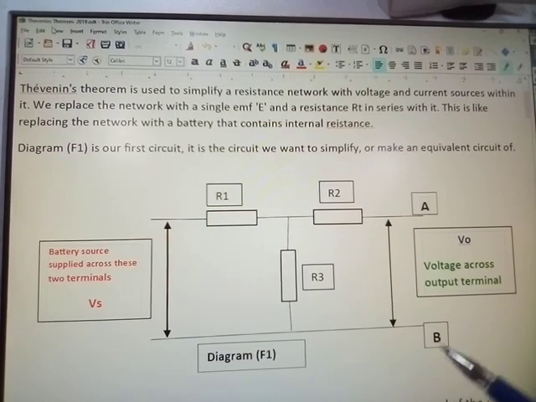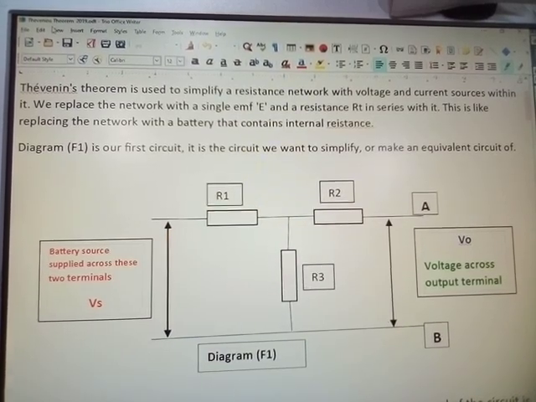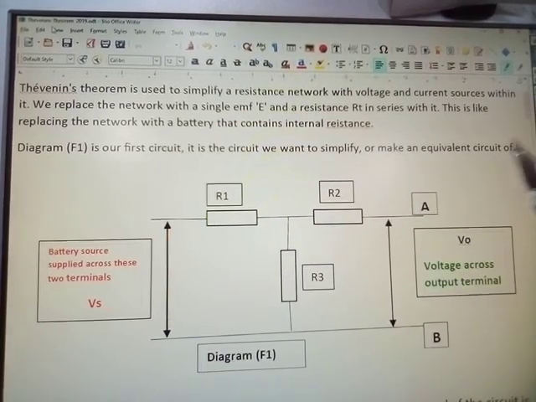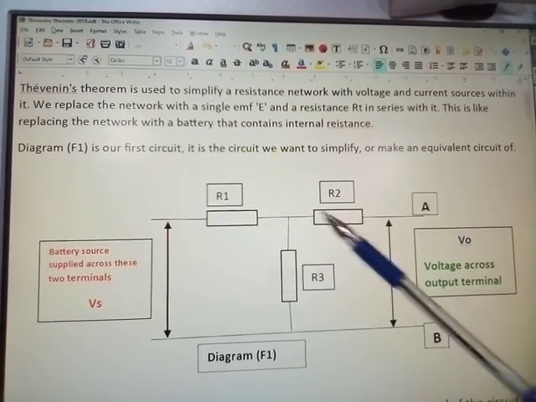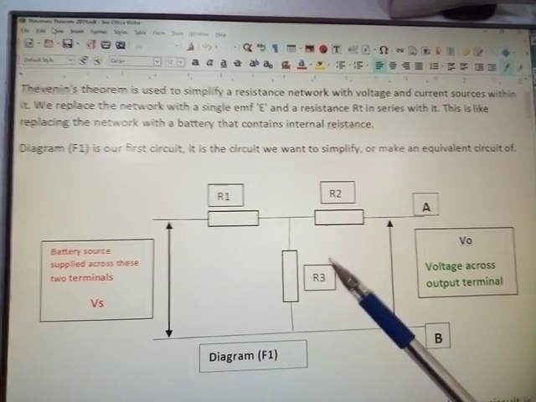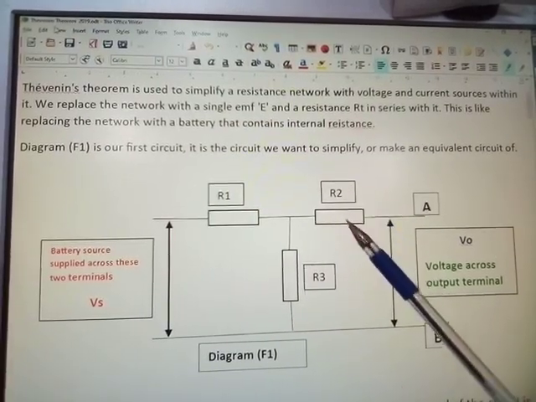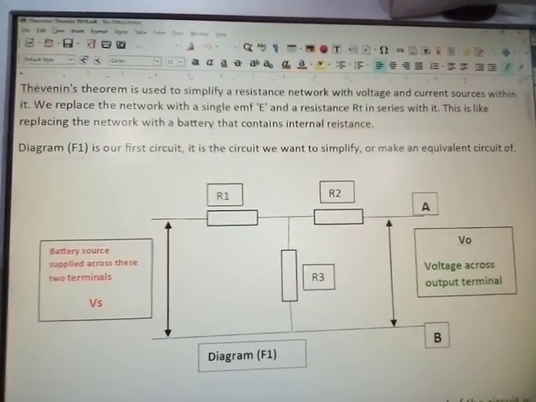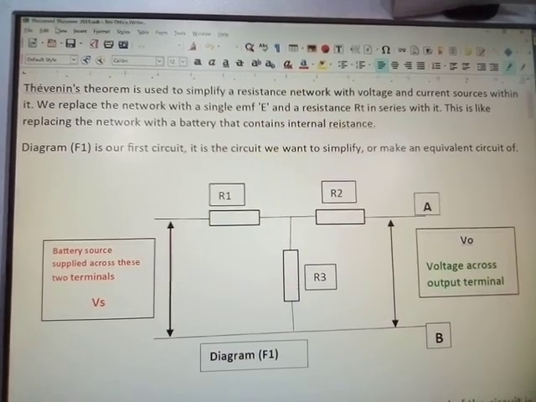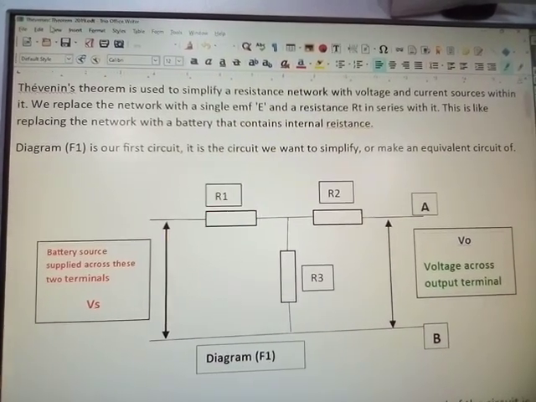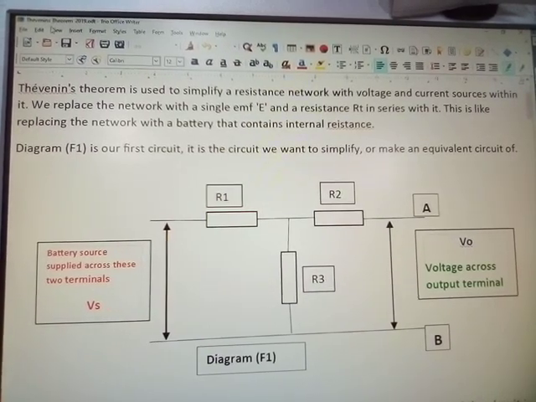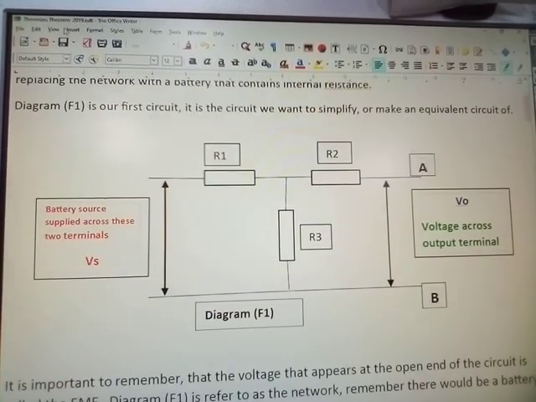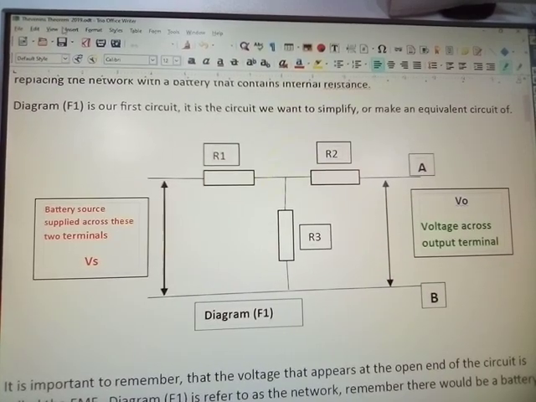Now, we need to simplify a circuit that is in parallel. If you look at it, you can almost say R1 could be in parallel with R3, and R2 could also be in parallel with R3. But that's just from my perception. It doesn't mean it's right, but from my perception. But let's look at what we need to do to make sure that we get the perceptions correct.